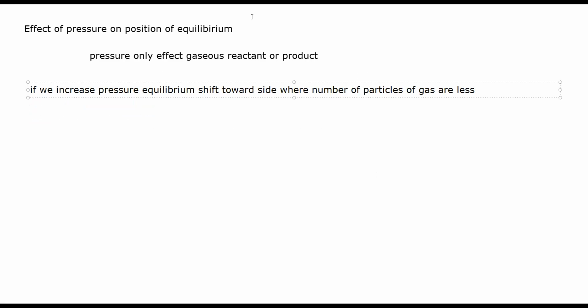What does it mean? For example, nitrogen reacts with hydrogen and the reaction is reversible. This results in the formation of ammonia. As we mentioned, either the reactant should be a gas or the product should be a gas, or both can be gas.